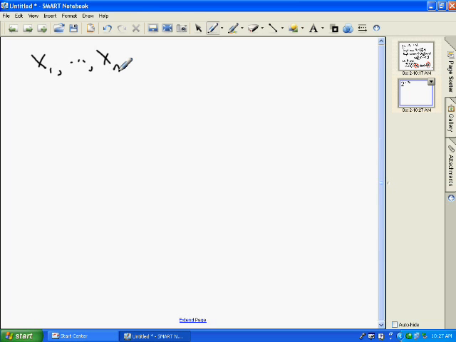And instead of saying it's a random sample, we're going to say this data is from a covariance stationary process. The word stationary always means that something is independent of time. Stationary always refers to time. Okay, when we say covariance stationary, that means it has the following properties.